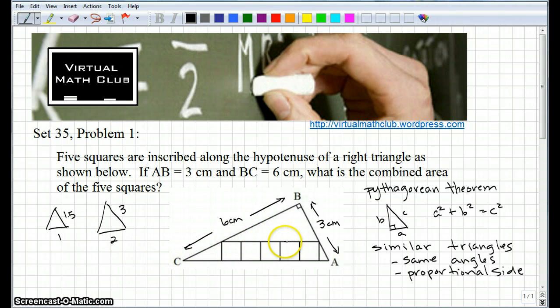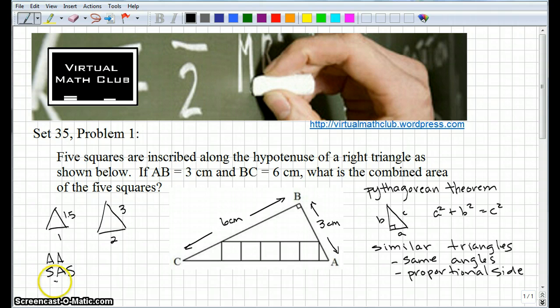So now, there are a number of different ways you can show that triangles are similar. You can show that two angles are equal. Or you can show that two sides are proportional and the included angle is equal.